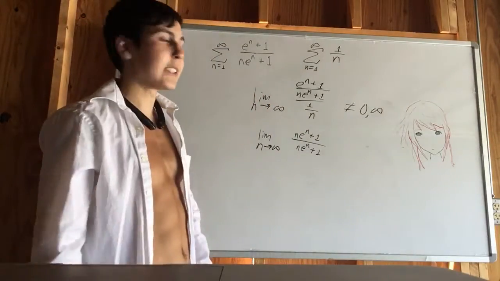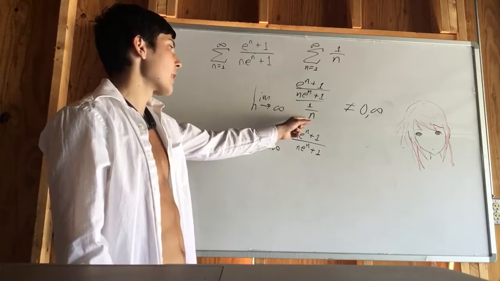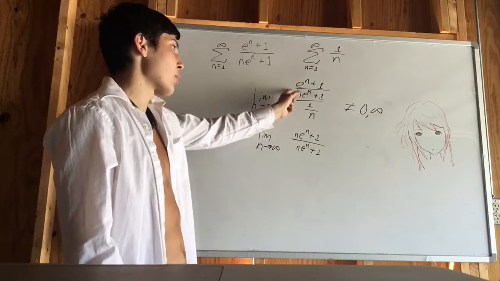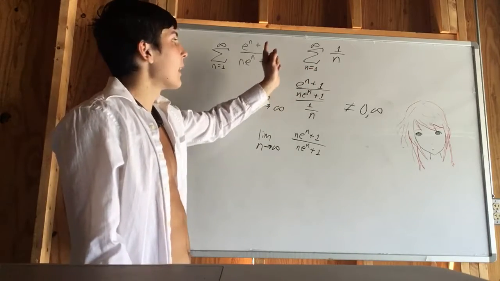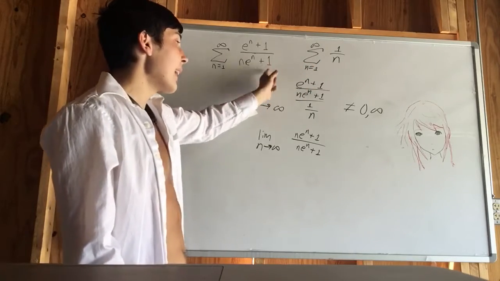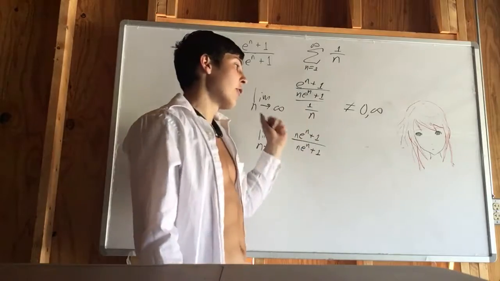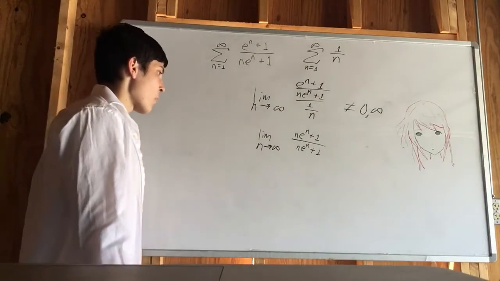If we get something which is not 0 or infinity, that means that the behavior of this corresponds to the behavior of that one. If that converges, that converges. If that diverges, that diverges. In the case when our limit to infinity does not yield 0 or infinity.